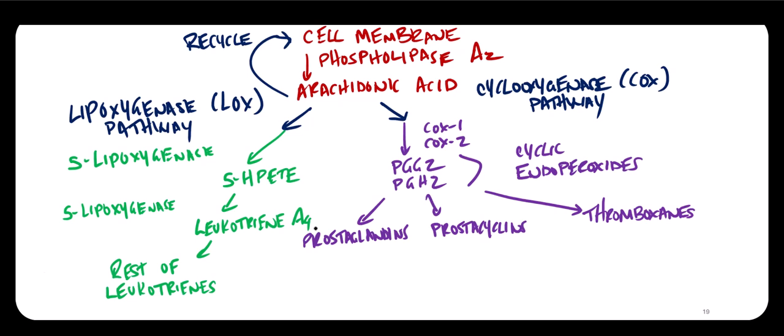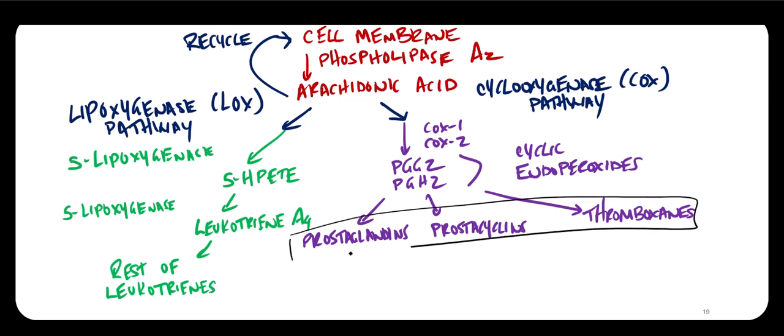They make all of these molecules that are pro-inflammatory molecules. But COX-1 does something else also. COX-1 maintains the epithelium in the GI tract.